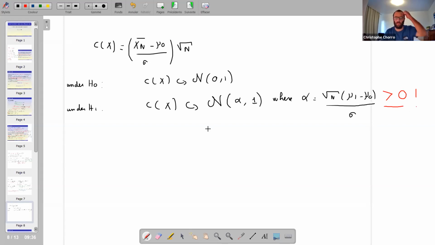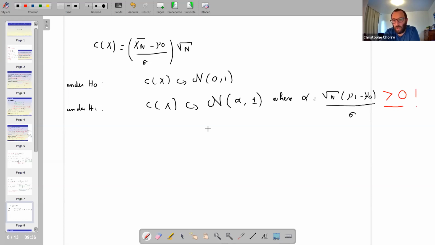What is the meaning of this? With this, I will be able to define my critical region. Because if I am under H0, it means that on average my C of X is around 0. Under H1, my C of X is centered around a strictly positive number.